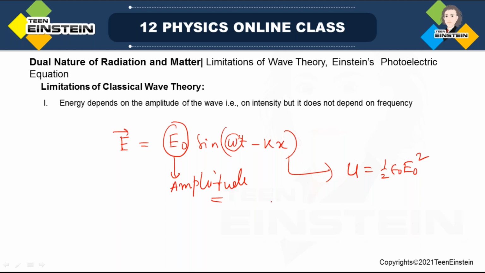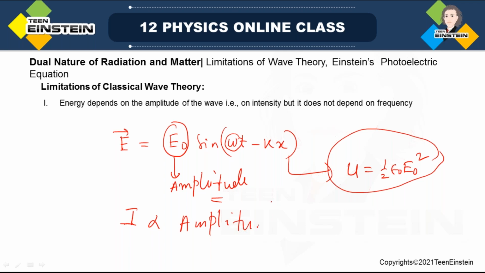According to this wave theory, as you increase the intensity, the metal electrons subjected to that increased intensity should acquire more and more energy, because intensity is directly proportional to the amplitude square, and the energy density is also directly proportional to the amplitude square.